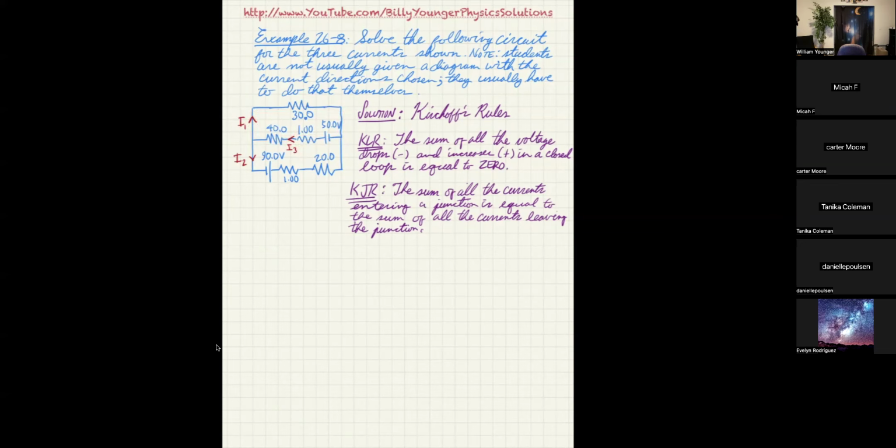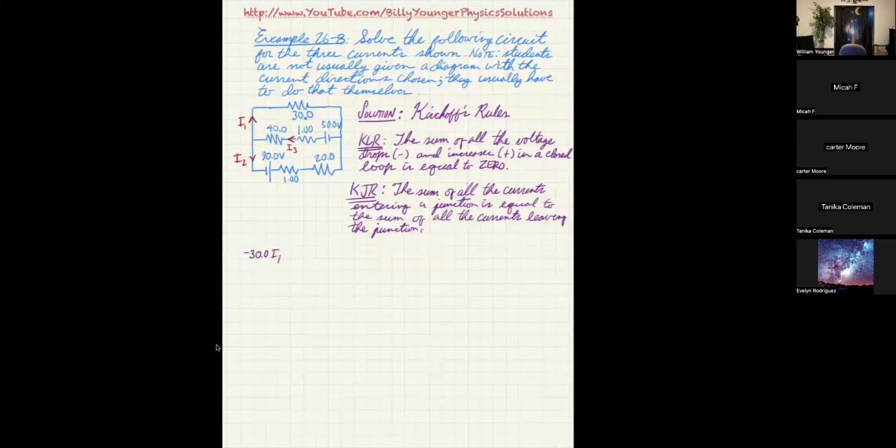So let's go ahead and write our solutions. As I start in there, the first thing I run into is the 30 ohm resistor. Since I'm going the direction of current, that's going to be minus 30.0 times I1. Now I go around, I run into the 50-volt battery. I'm crossing going from the short leg to the long leg, so that should be plus 50.